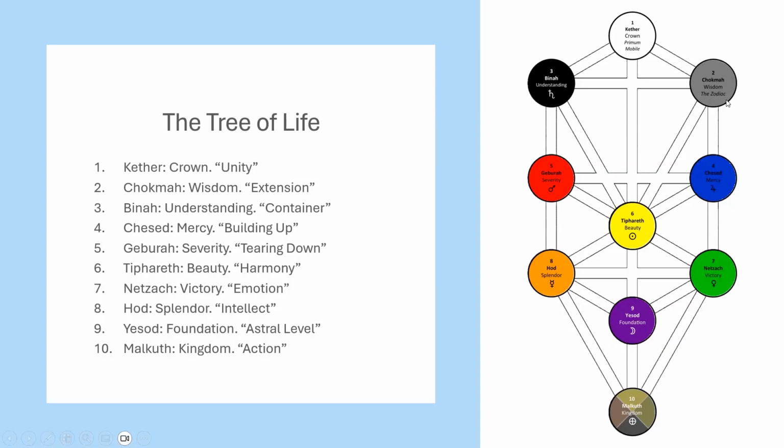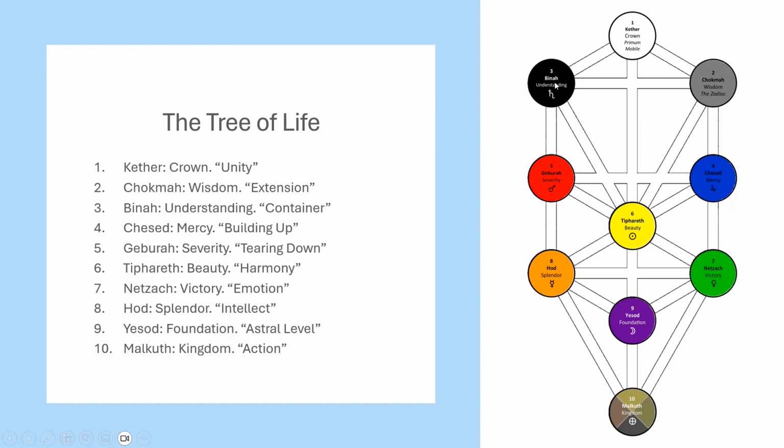But from that unity of Keter, there is an extension of light, or an extension and direction and a sense of movement. And so that idea of extension, that from this divine unity, we extend outward into something else, into duality or into contrast or something like that. But we move outward, we extend.